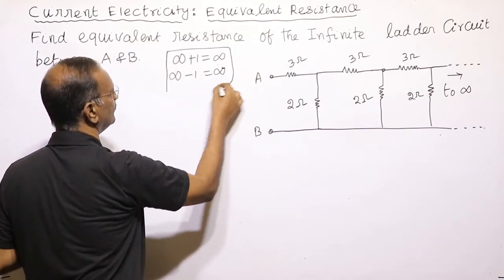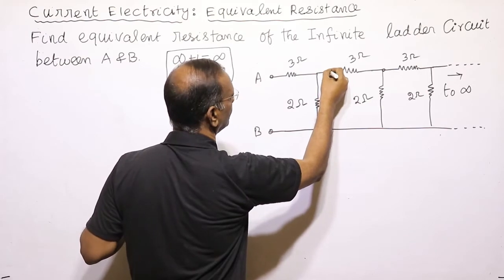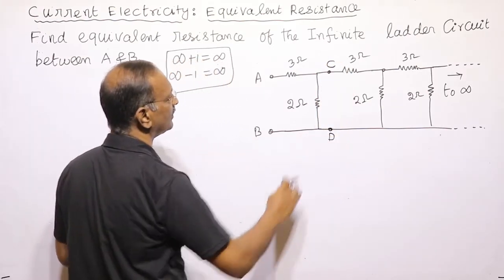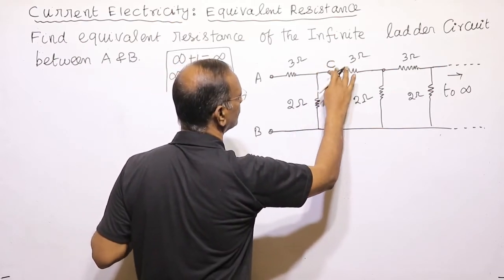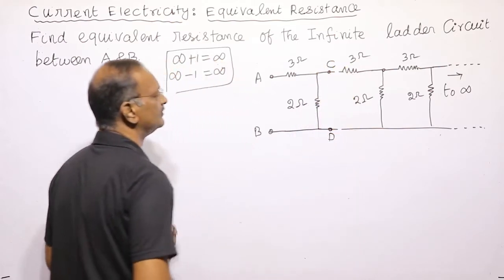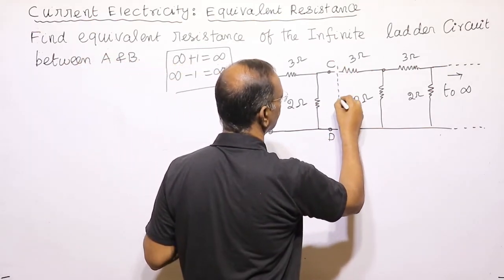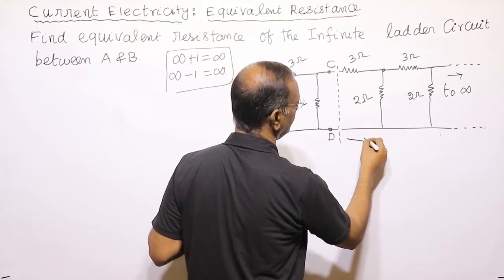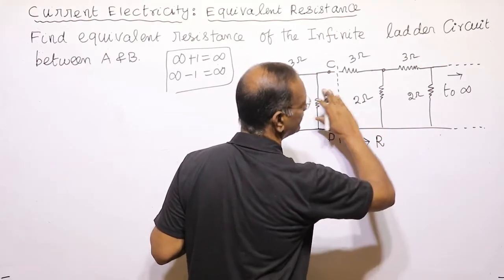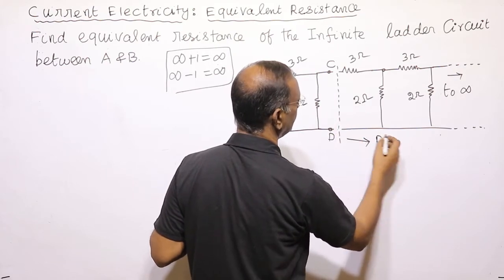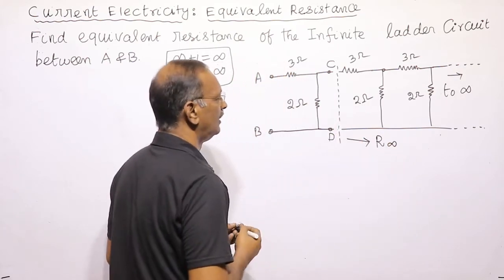Now we will separate this point. This is C and this point is D. If you remove this portion, what will happen? What is the resistance of this portion from here? It is R infinite.